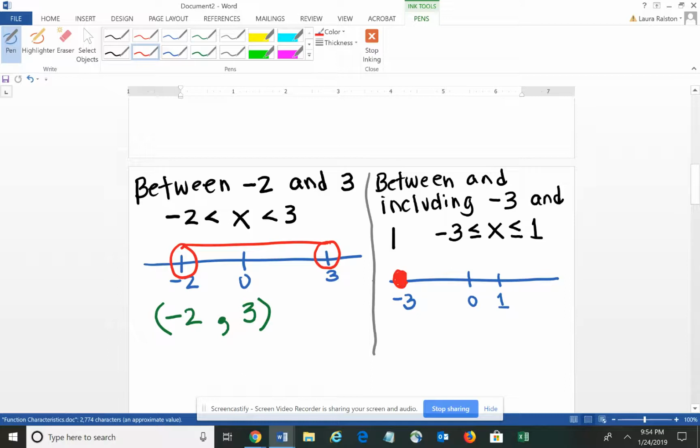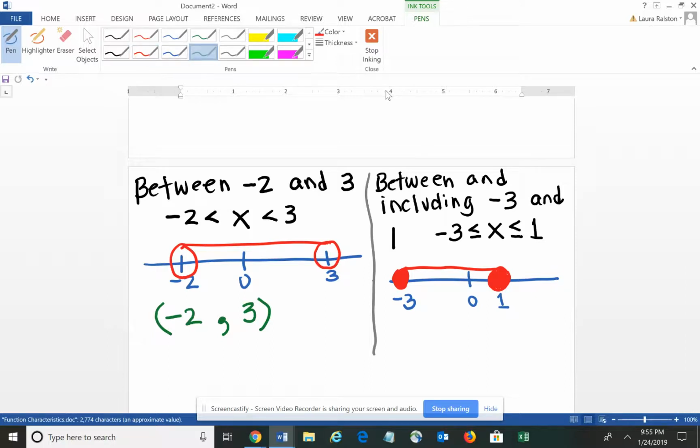You want to think about it, it's sort of like a manhole. If you can use it, the manhole cover is on so that you could actually stand on that number on the number line. But if it's not included, then the manhole cover is off or it's open, the dot's not covered, and you would fall in. And then we can do any value in between.